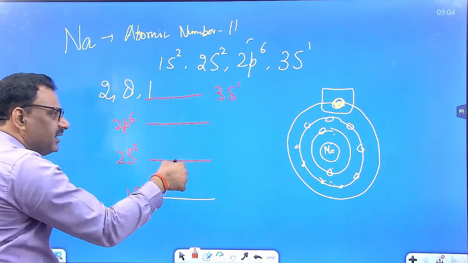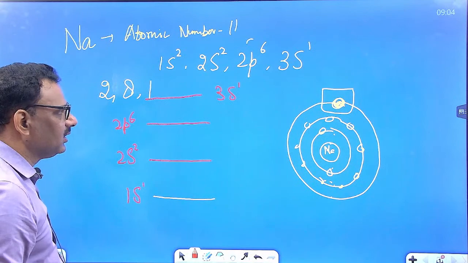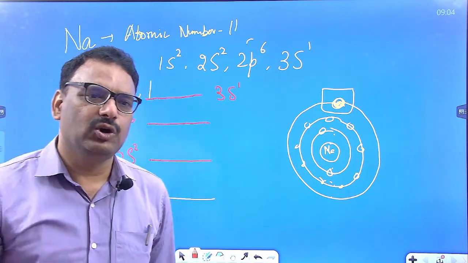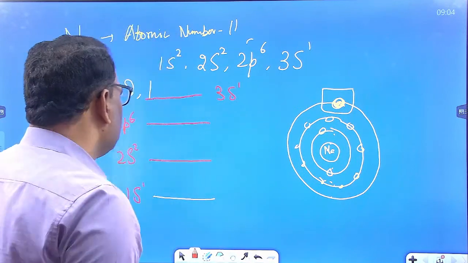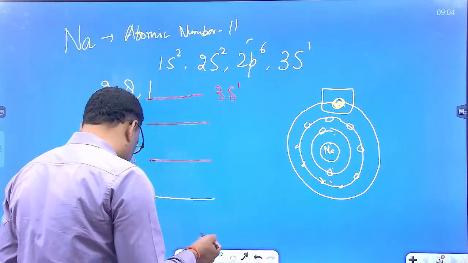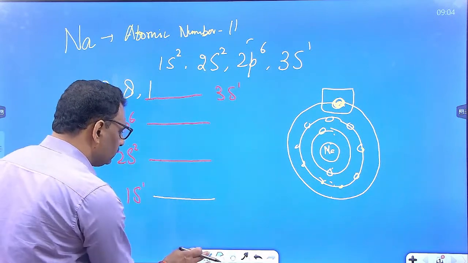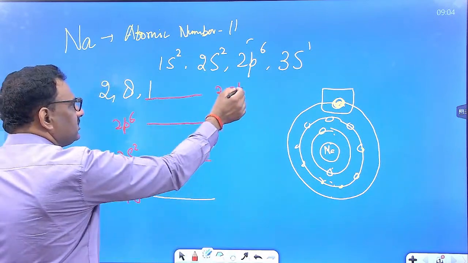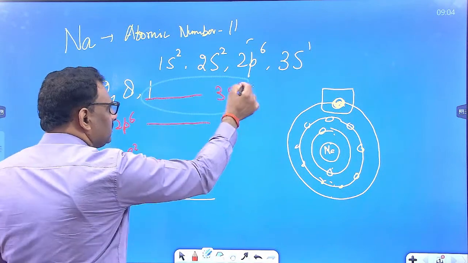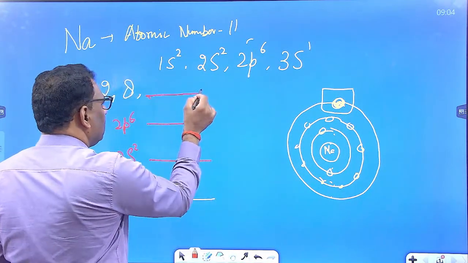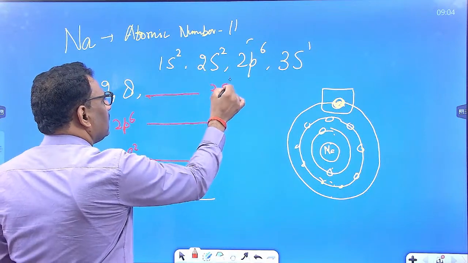So these are the energy levels, and we can calculate the energy with the help of Bohr's formula, E is proportional to 1 by n square. Now, your electron is lying in the outermost orbit, in this 3s1.